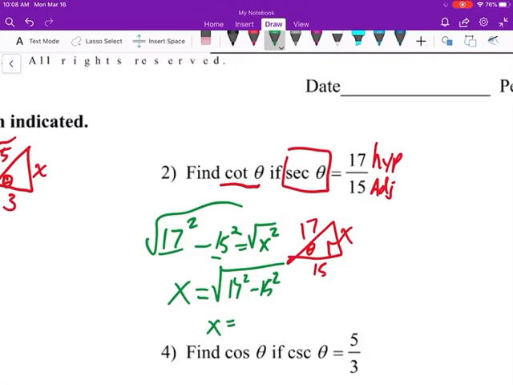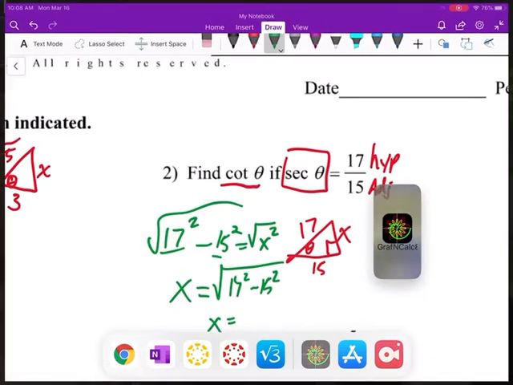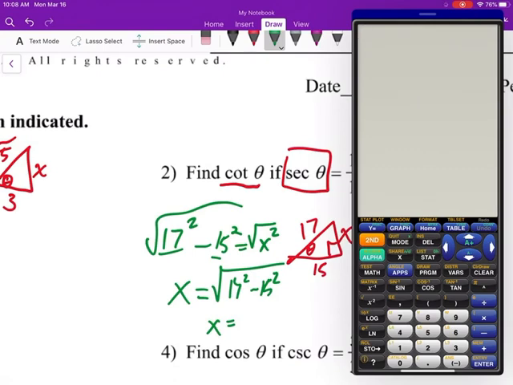So x is going to equal, I'm going to grab my calculator real quick. So we have second square root of 17 squared, oh, not that, minus 15 squared.